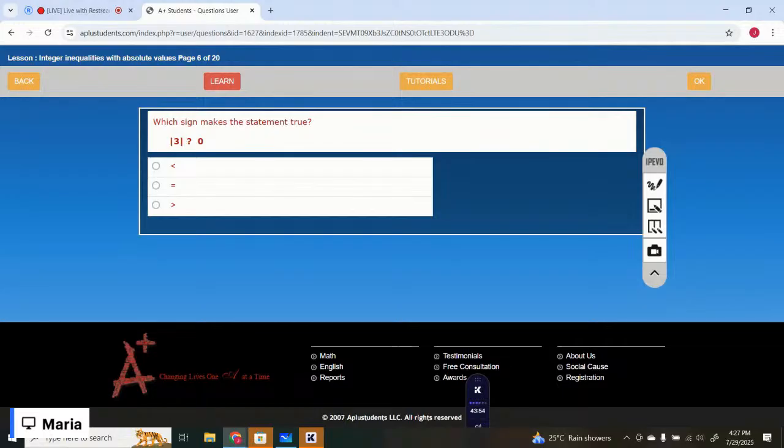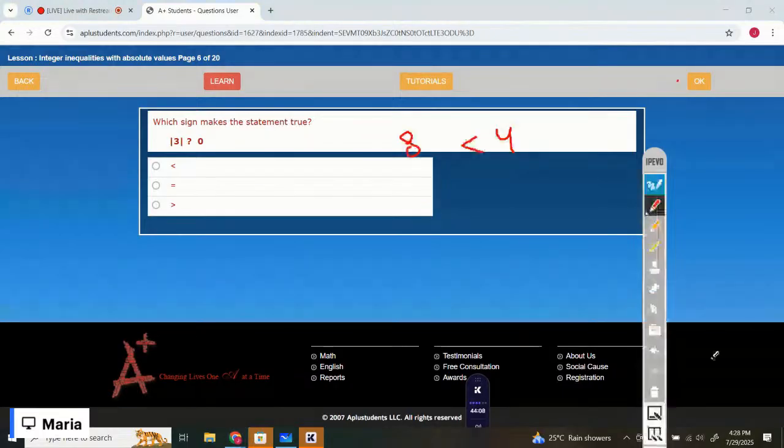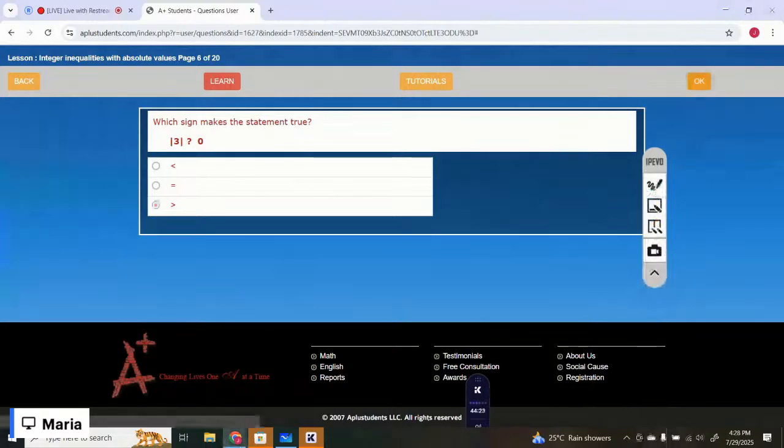Which sign makes the statement true? Absolute value of 3 is 3 and 3 is greater than 0. Greater it is, option number 2 is the correct option.